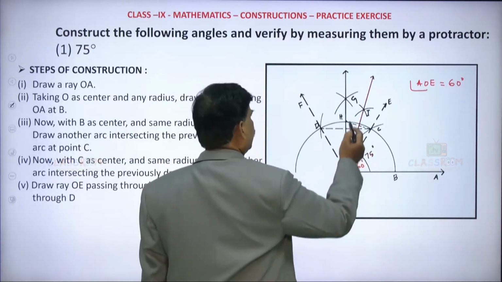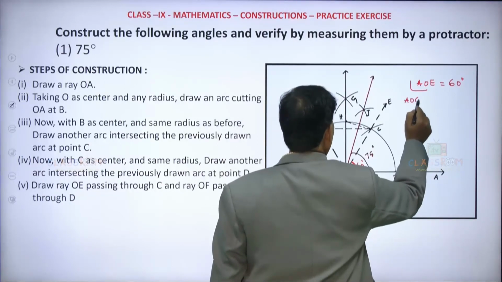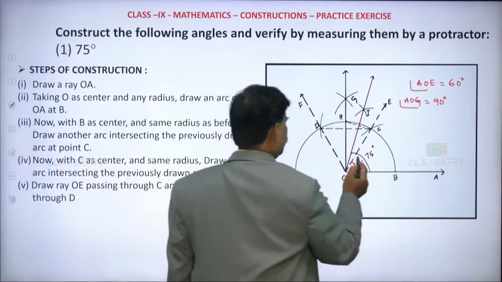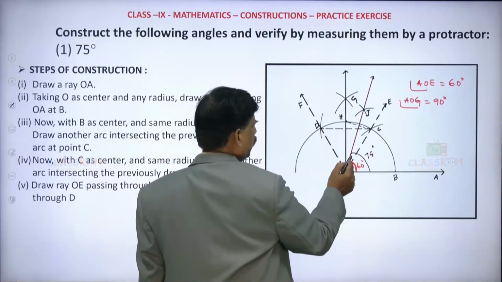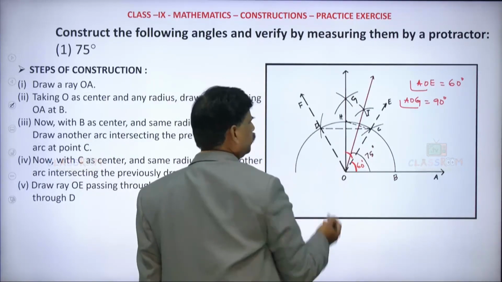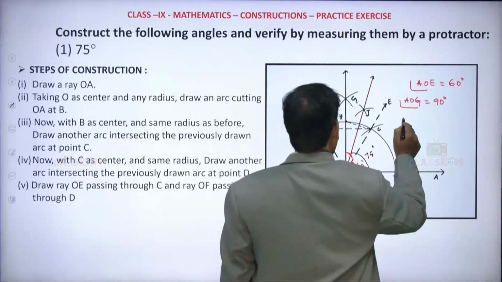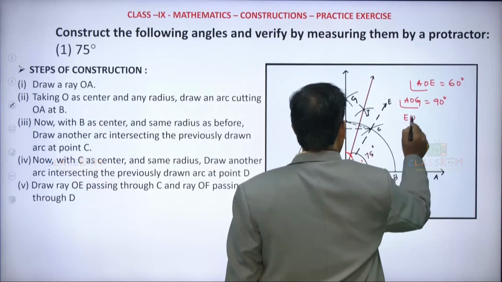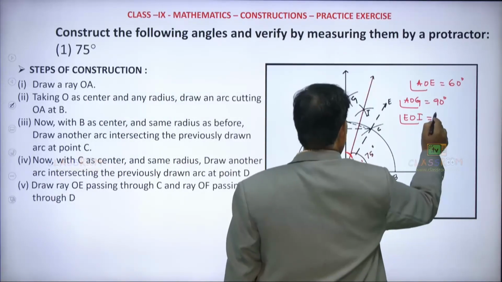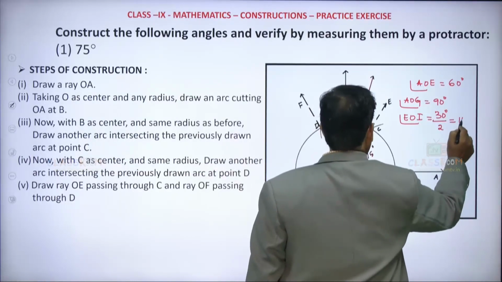Now, we know that AOG is 90. So if this is 60, then how much will this be? This will be 30. We are bisecting it, so angle EOI will be 30 upon 2. That will be 15.